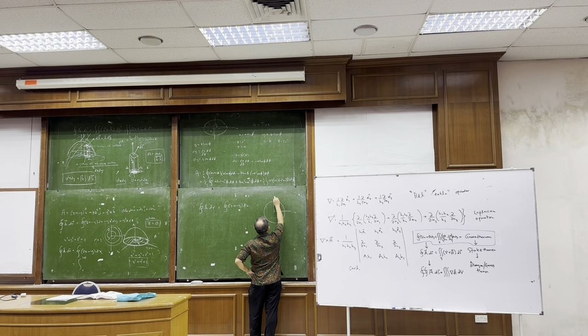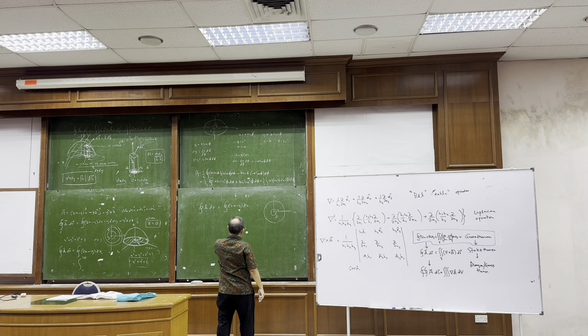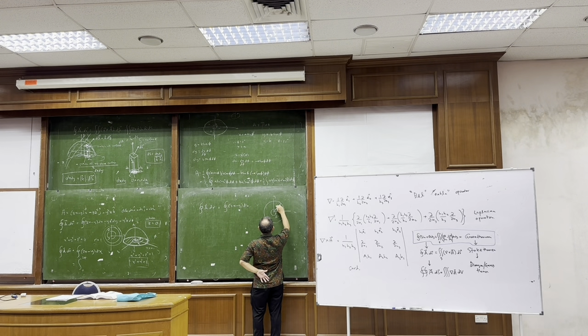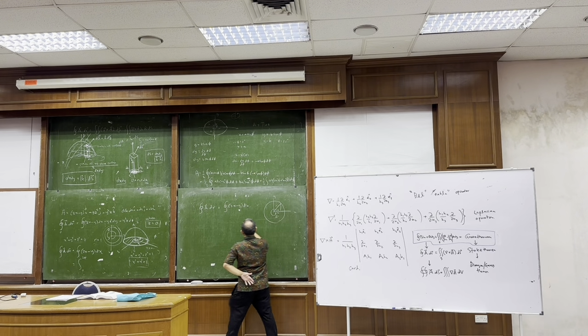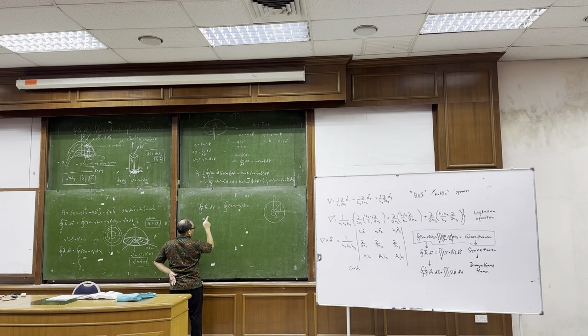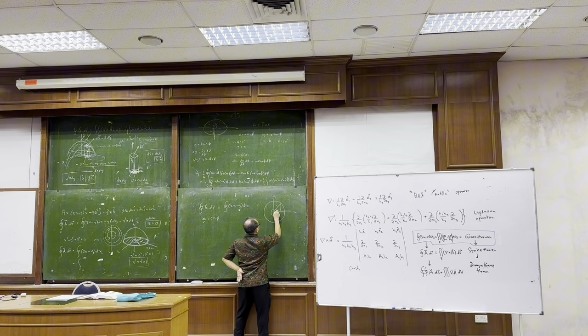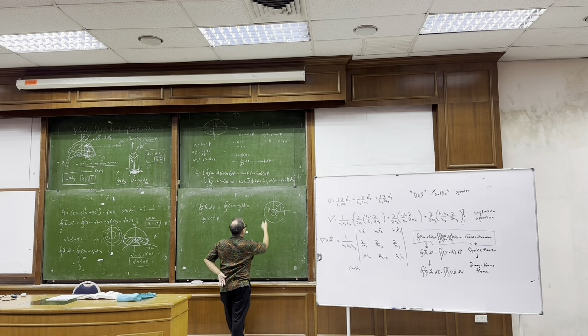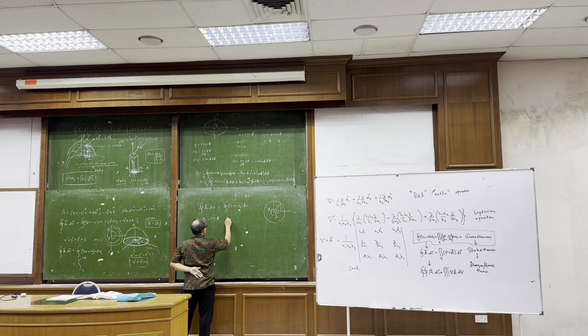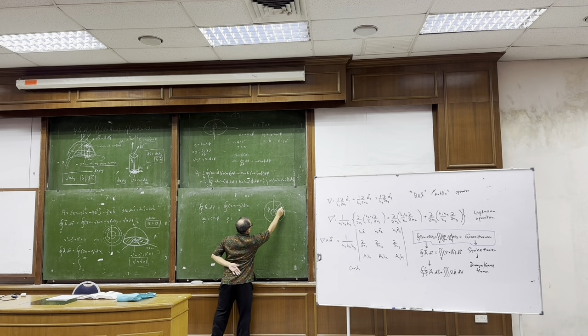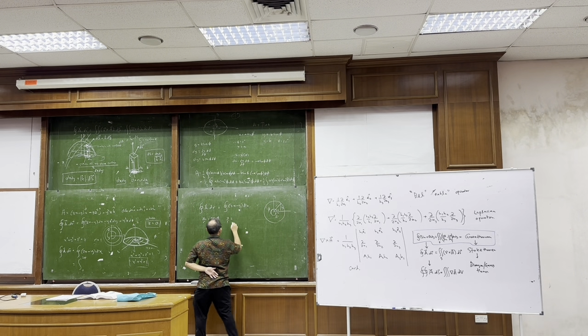You have x, y, from 0, rotate is 2 pi. So x here, that is r. So x over r is cos phi. Y over r is sine phi.